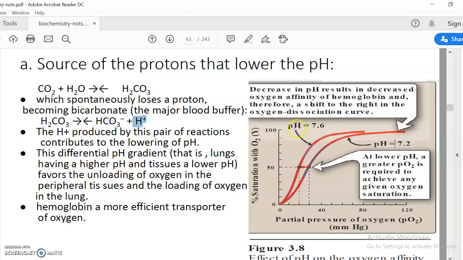So at high pH, there is high affinity for oxygen, so it is loaded in the lung. At low pH, there is low affinity of hemoglobin for oxygen, therefore oxygen is unloaded. Hemoglobin is a more efficient transporter of oxygen.